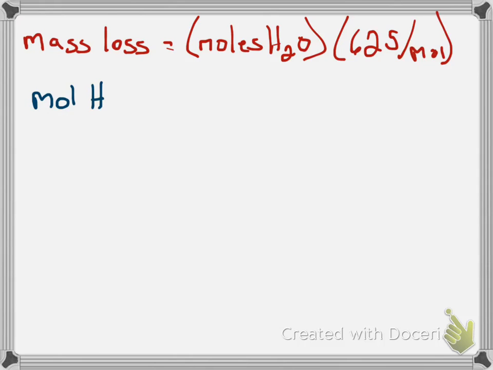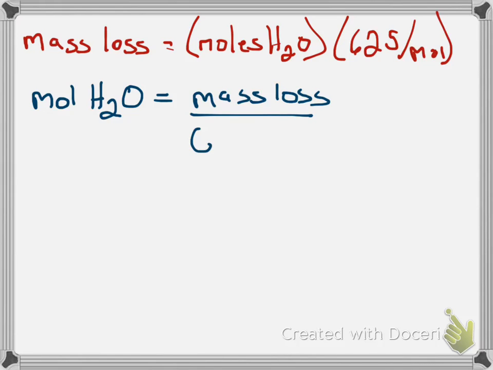So moles of H2O equals the mass loss divided by 62 grams per mole. Okay, grams would cancel out and we'd be left with moles, so that should be pretty good.